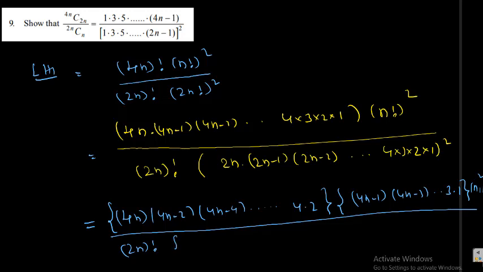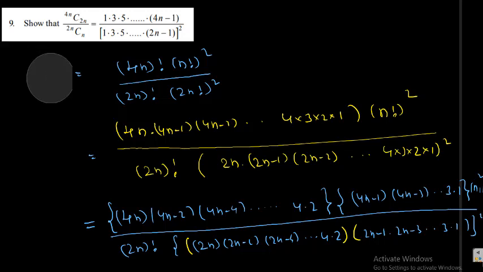So inside the denominator also I can write 2n into (2n minus 2) into (2n minus 4) and so on, 4 into 2. I will use another bracket, another color, for what are the remaining: (2n minus 1) into (2n minus 3) and so on, 3 into 1, square.